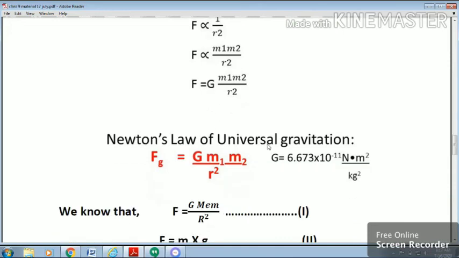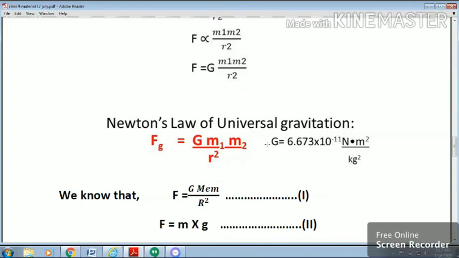Now you know that this value is fixed. You can calculate the unit of G also. Just try to do it on your own. The unit of G is Newton meter square per kg square. Just put all the things on one side, hence we will get that G is equal to F into r square by m1 into m2.